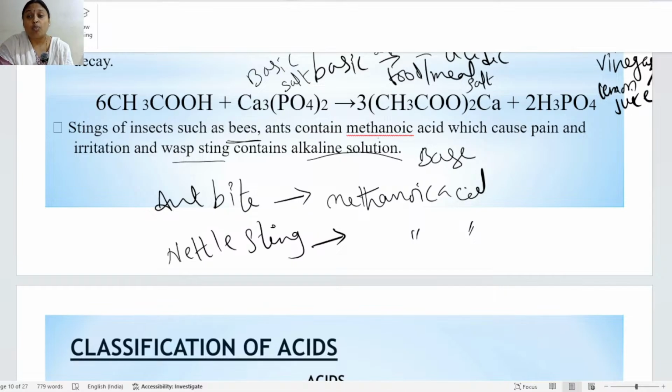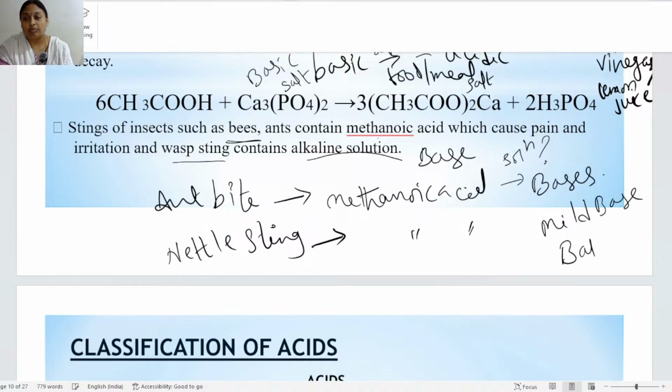So what is the remedy? What is the solution to relieve from the pain? Here we are supposed to take bases. We suggest a mild base, that is to say baking soda, NaHCO3.